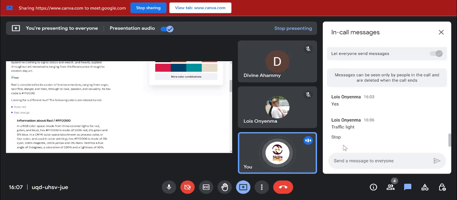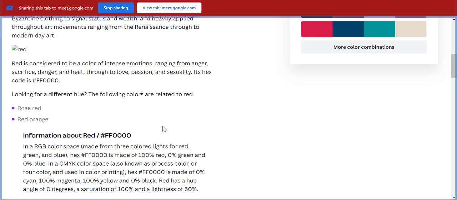Or are you still thinking, Divine? Yeah, seriously thinking. So what of the danger sign you see, or maybe the men at work sign you see on the road when they're doing a construction? There are a lot of illustrations that have to do with red, aside from just the traffic lights Lois mentioned. I'm not going to dwell on that anyway.